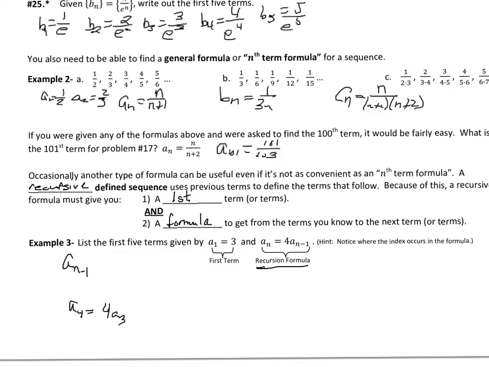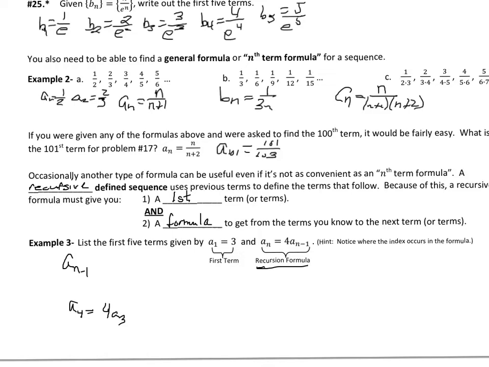So to find a sub 4, I have to know what a sub 3 is. Et cetera, et cetera. If I'm wanting the fourth term, 4 times a sub 3. If I want the fifth term, it's 4 times the fourth term. If I want the 12th term, it's 4 times the 11th term.